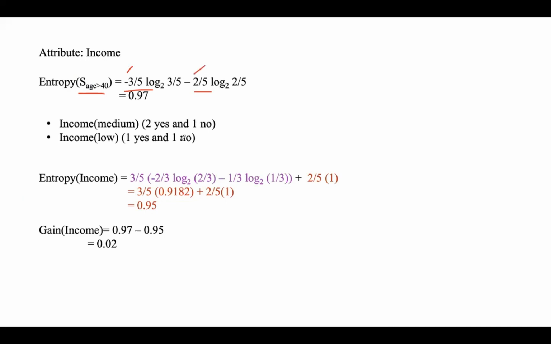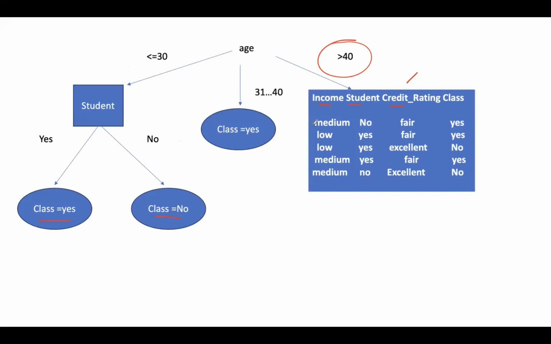Next, income. We have 2 categories in this part, medium and low. For medium, number of yes is 2 and number of no is 1.